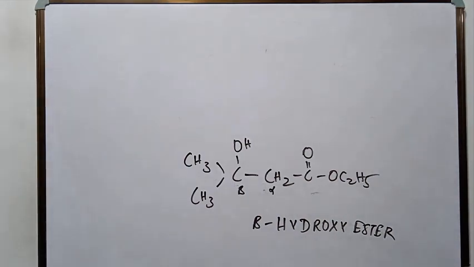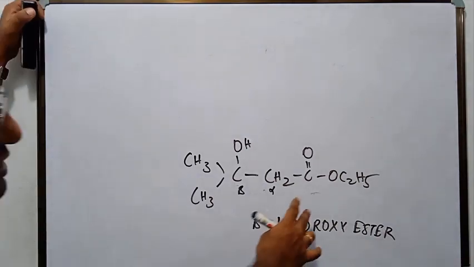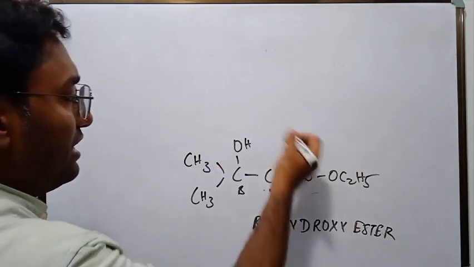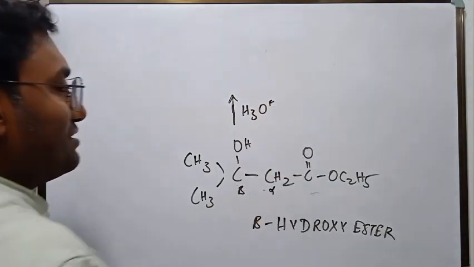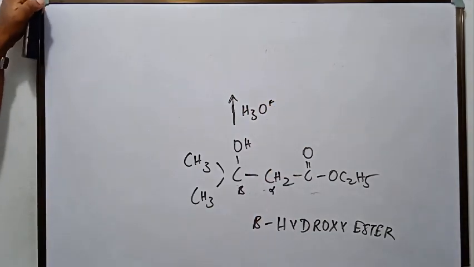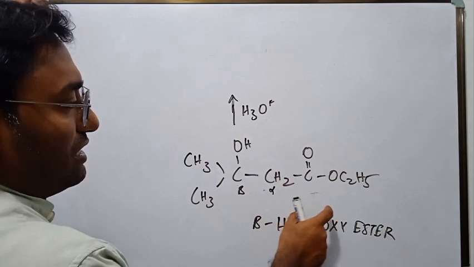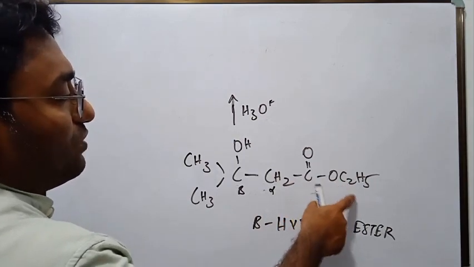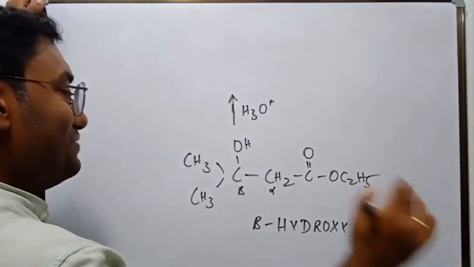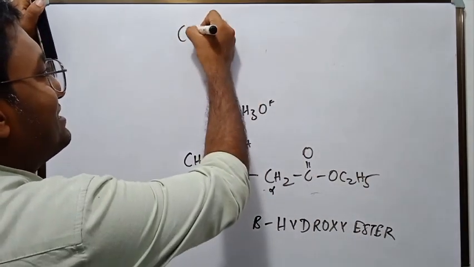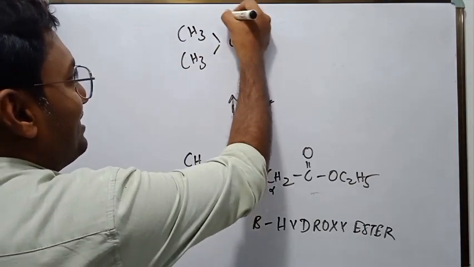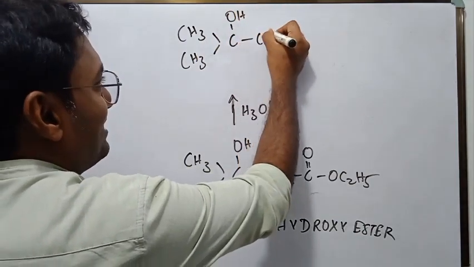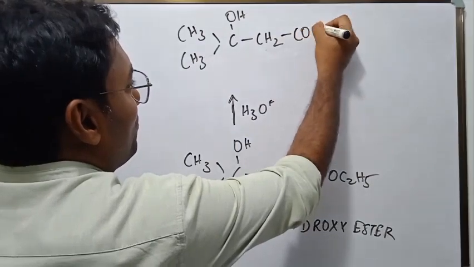Now let us understand the significance of this. From beta hydroxy ester, if you are conducting acidic hydrolysis, what can result? If you are hydrolyzing an ester, you will get an acid. So you will get this kind of acid here, COOH.